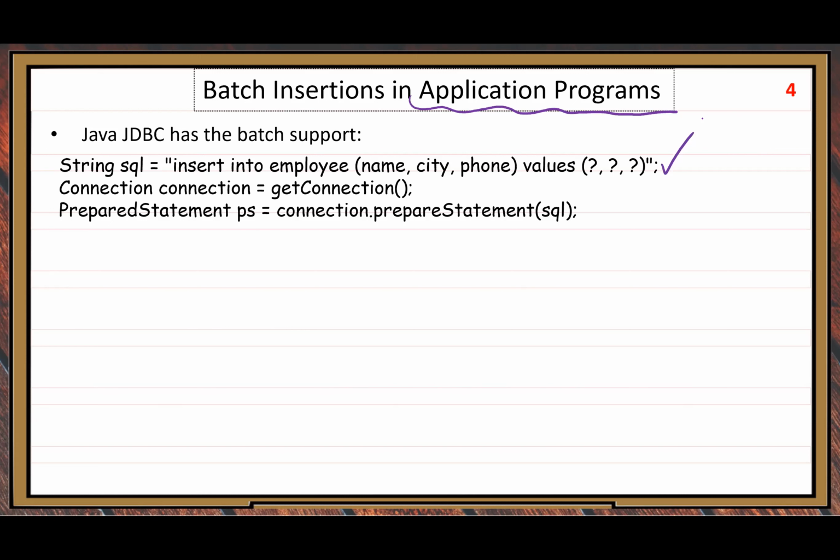Those three question marks, we need to provide values for 3 attributes. But the values are unknown, so we use question marks first in the preparation. Then we need to create a connection object, in which we call the getConnection method.